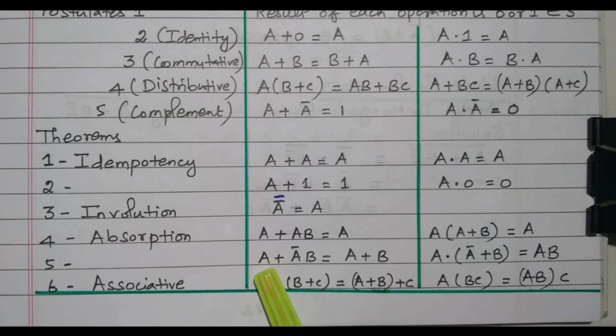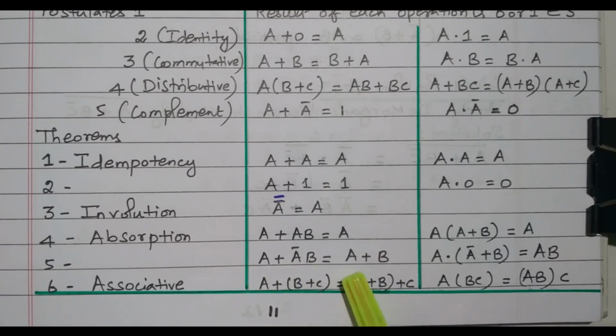So the first variable A is written as it is, and B, the second variable, is written as it is. The complement of the first variable need not be written. So A plus A bar B equals A plus B. The same thing here: A into (A bar plus B) equals AB. Here A plus B, here A into B.